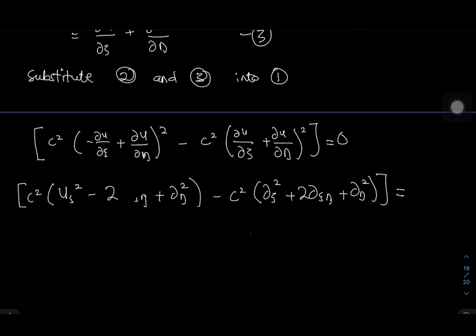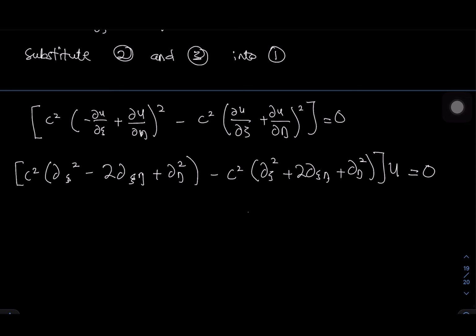Oh man, let me do this so that it becomes a bit simple. Del eta. Okay, then I can put my u here, and that should be equal to 0. Okay. All right, so we can see that this term is going to cancel that term, and this term is also going to cancel that term.